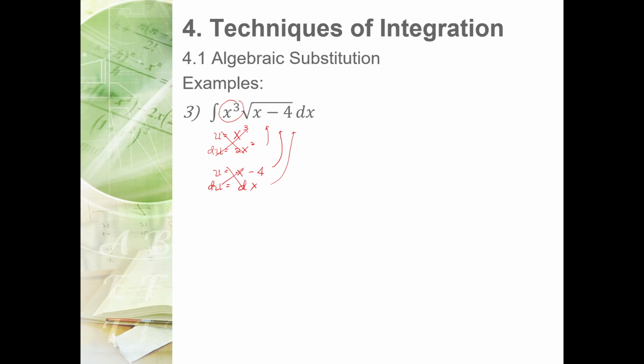So let's try another one, the square root. Then if you're going to get du, it becomes 1/2 x minus 4 raised to the negative 1/2 dx. So it becomes even more complicated, right? So we cannot use this one also.